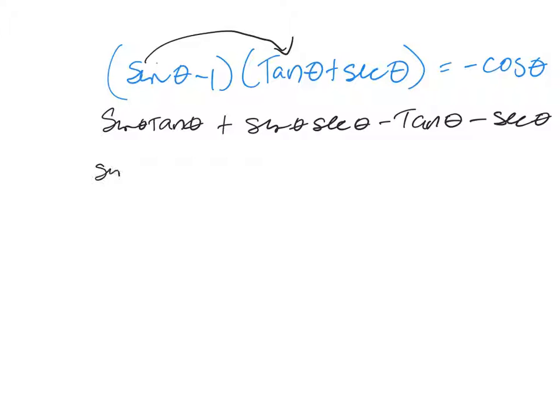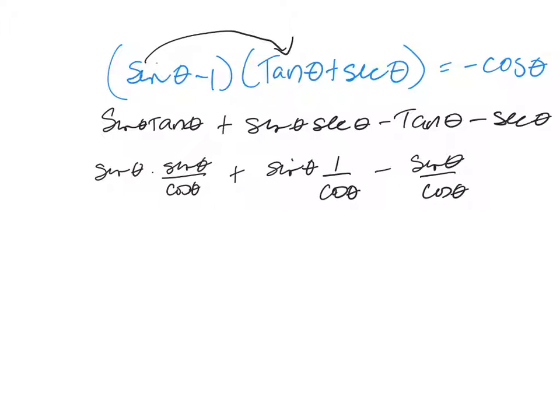So we can have sine of theta times sine of theta over cosine of theta plus sine of theta times 1 over cosine of theta minus tangent of theta minus secant of theta. Yes? We'll convert the tan of theta to sine of theta over cosine of theta, and secant is minus 1 over cosine of theta.